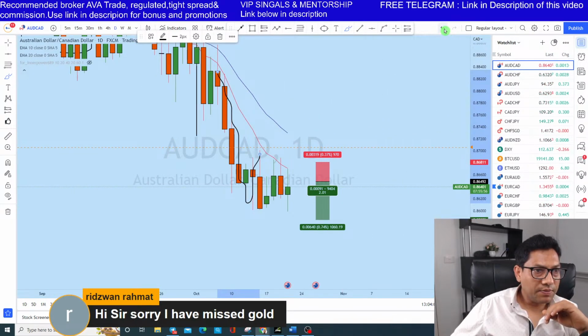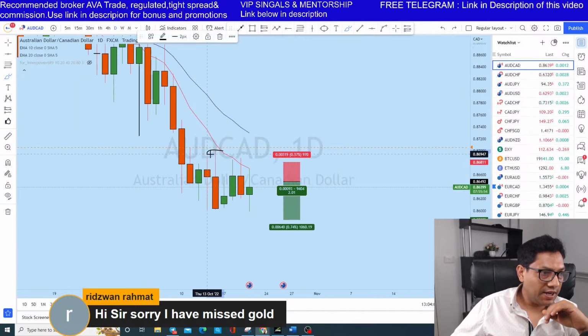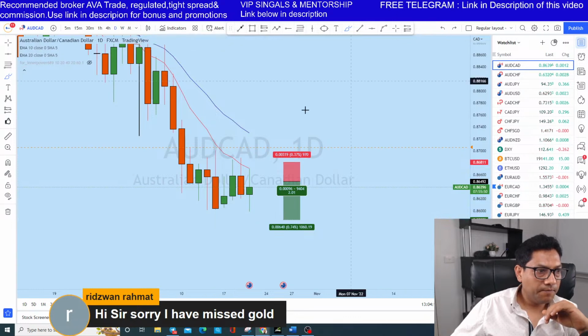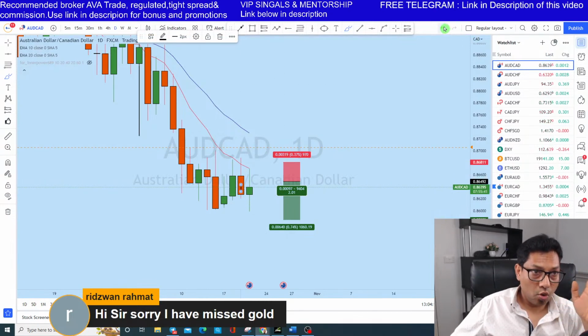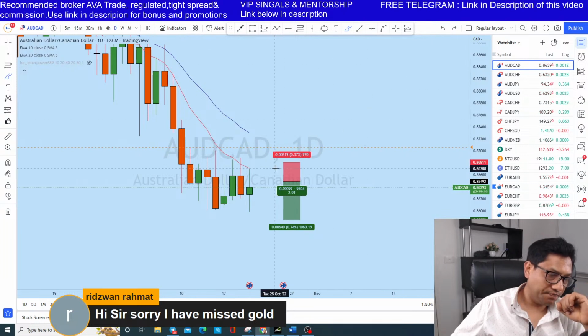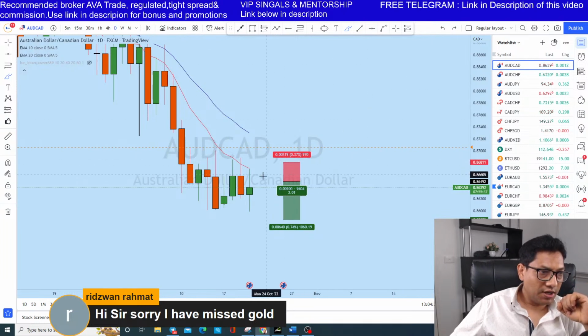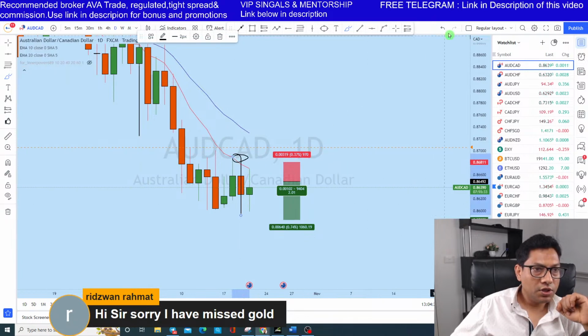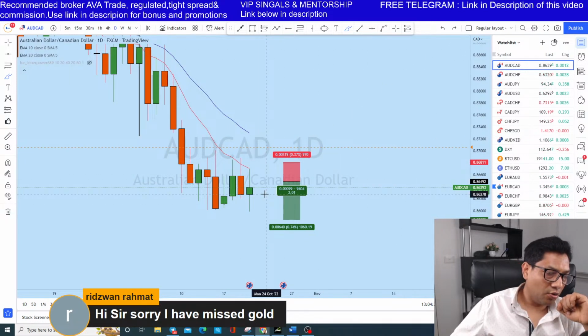Now we see multiple liquidity gaps. First of all, this daily candle has in fact grabbed a lot of liquidity, a big bearish engulfer, followed by 1, 2, 3. This is the fourth day, that means the whole week the price is in consolidation. With that consolidation, the previous day this red candle is formed. Today, as soon as the market opened, the price has gone up.